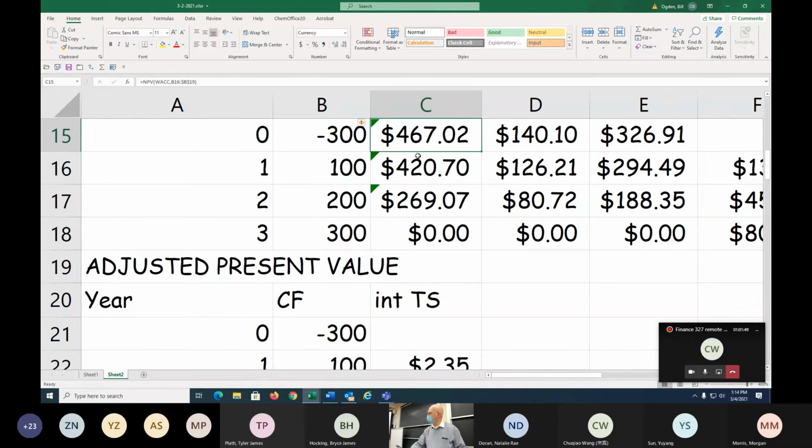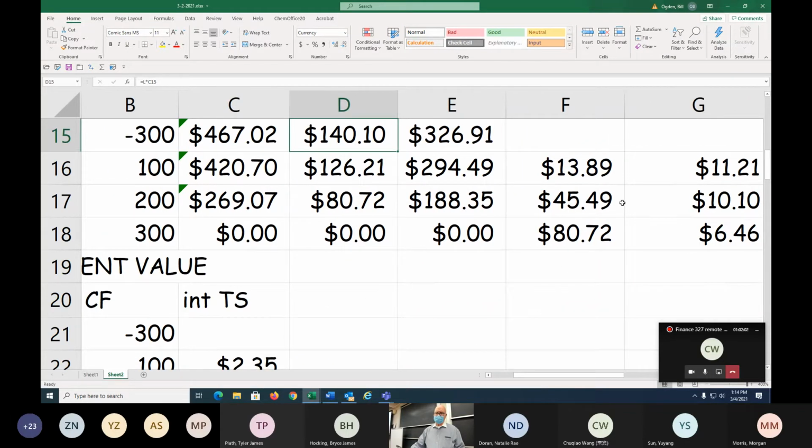What determines the debt? We multiply the value times a constant, don't we? Right? 30% in this case. Right? How did we get the interest? We multiplied the debt by another constant, RD, didn't we?